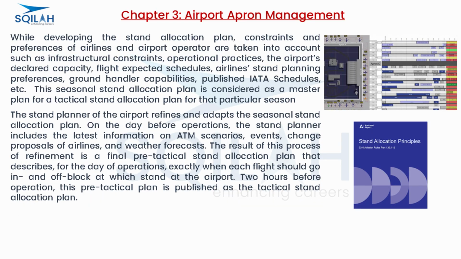While developing the stand allocation plan, constraints and preferences of airlines and the airport operator are taken into account, such as infrastructural constraints, operational practices, the airport's declared capacity, expected flight schedules, airline stand planning preferences, ground handler capabilities, published IATA schedules, etc. This seasonal stand allocation plan is considered as a master plan for a tactical stand allocation plan for that particular season. The stand planner of the airport refines and adapts the seasonal stand allocation plan.